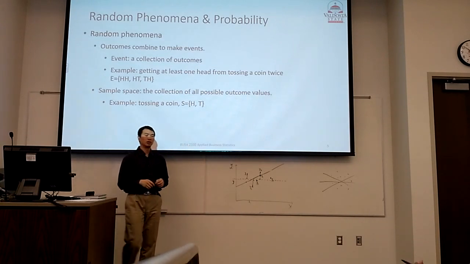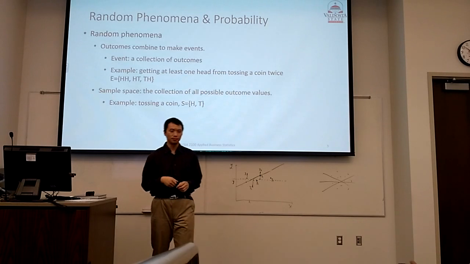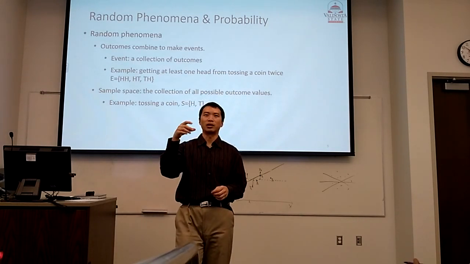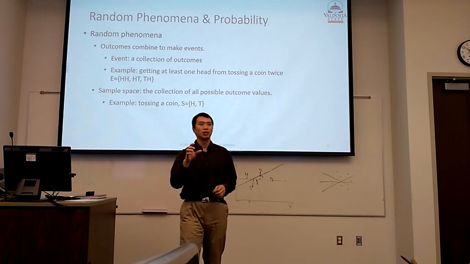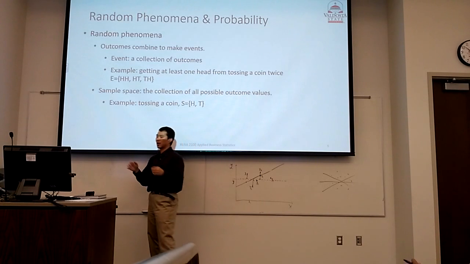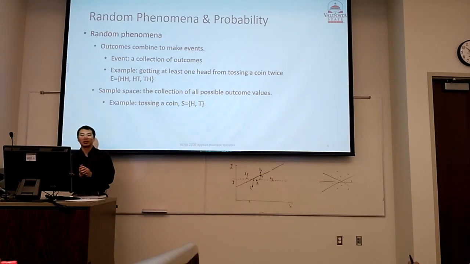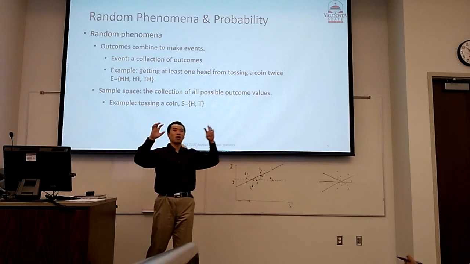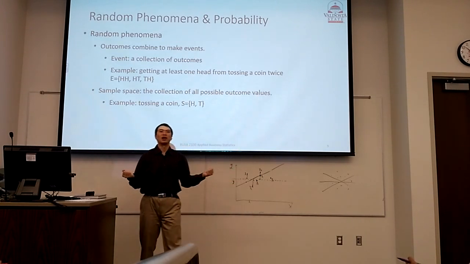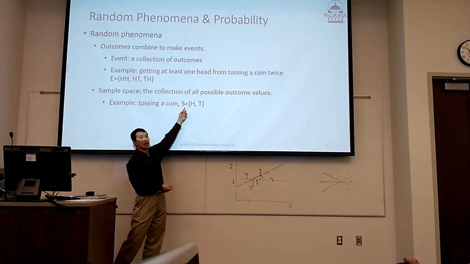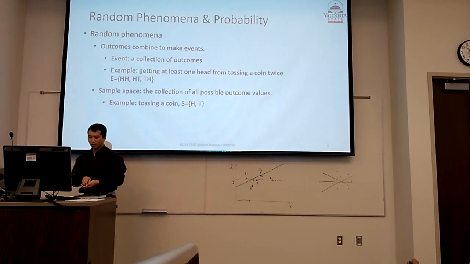Another example, if you roll a fair die, it has how many sides? Six sides, right? So there are 6 possible outcomes. So that defines the sample space. So remember, the sample space contains all possible outcome values, and the sample space is denoted as S. Okay?